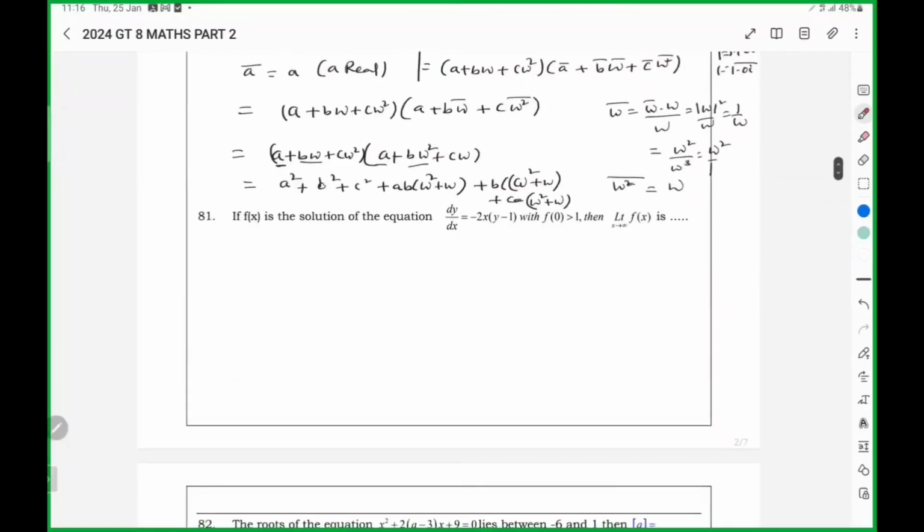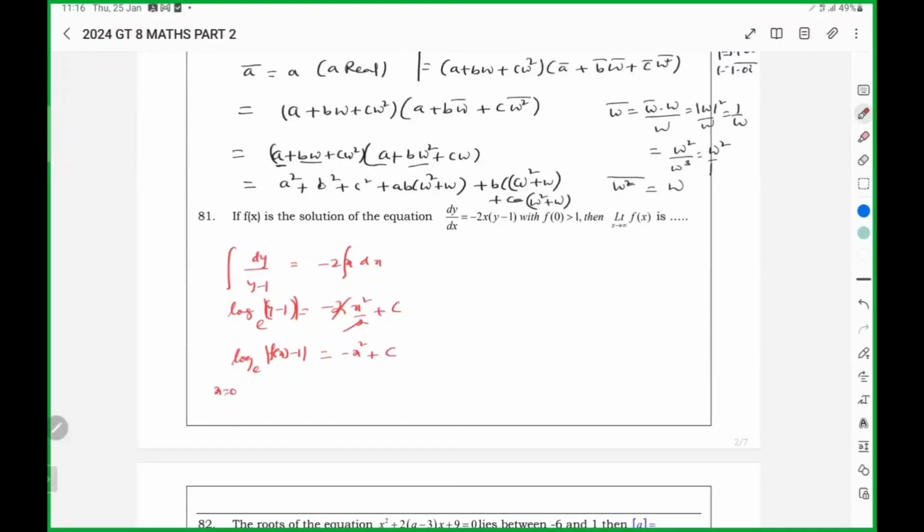Mod z minimum is root 3. Next, dy by y minus 1. So integrating, log of y minus 1 to the base e, modulus, plus c. So it is log e of f(x) minus 1 equals minus x square plus c.